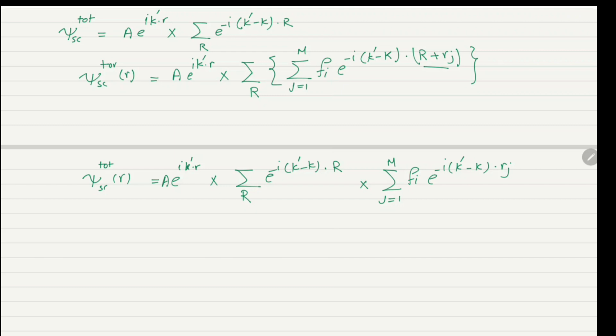In such a way, the second factor, this one here, involving the sum over all lattice points r, is large only if k prime minus k is a reciprocal lattice vector.